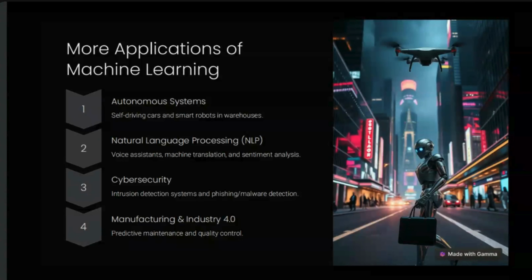And manufacturing and industry, predictive maintenance and quality control. Like we created some product, like we are creating a laptop, but the people didn't like the manufacturing, the design of that laptop. So people are not buying that laptop and are giving reviews saying the design is bad.